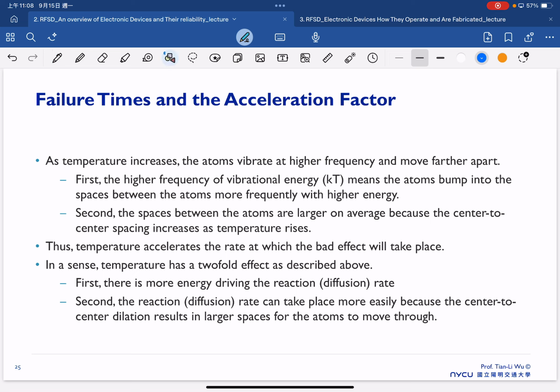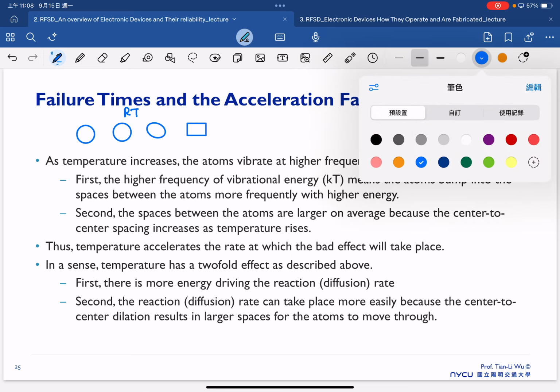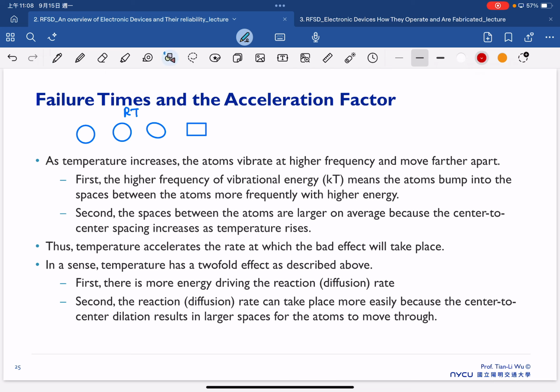So imagine that you have the distance between the atoms. This is the case at room temperature. And now you have one additional atom in between. But at a high temperature, we can expect that the distance between the atoms becomes larger.